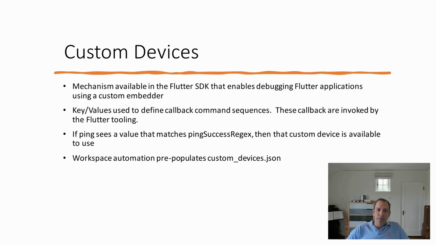If ping sees a value that matches the ping success regex, then that custom device is available to use. And one way to check is run flutter doctor -v, and at the bottom it will list the available devices. Workspace Automation pre-populates custom_devices.json. That's found in the .config Flutter folder.